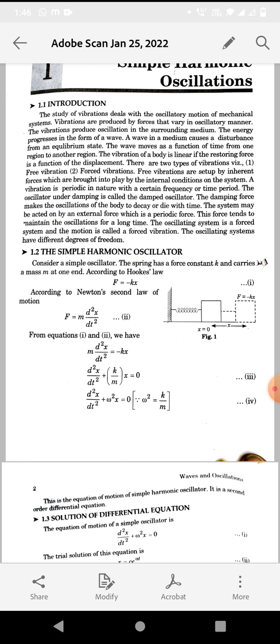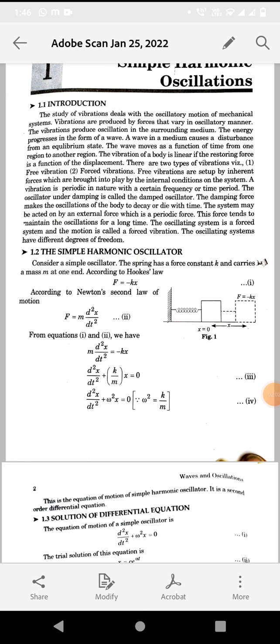The acceleration of the body must always be proportional to the displacement of the body and oppositely directed. These are the two necessary conditions for a motion to be considered simple harmonic motion. Otherwise we cannot treat it as simple harmonic motion.